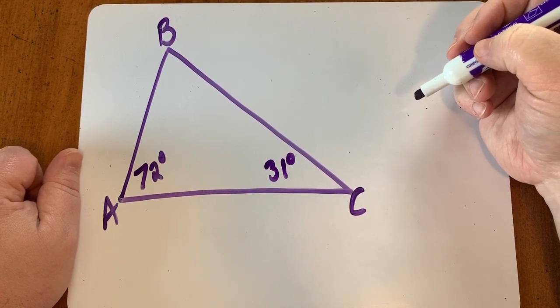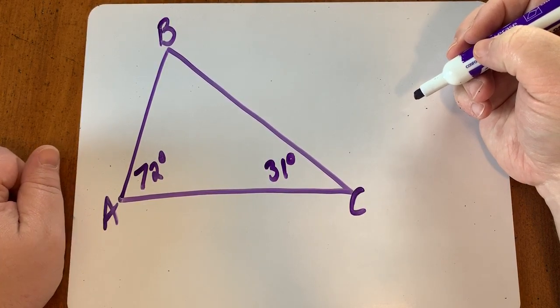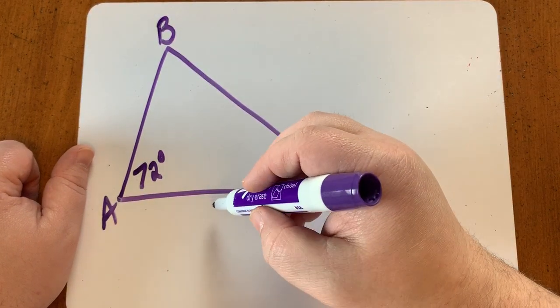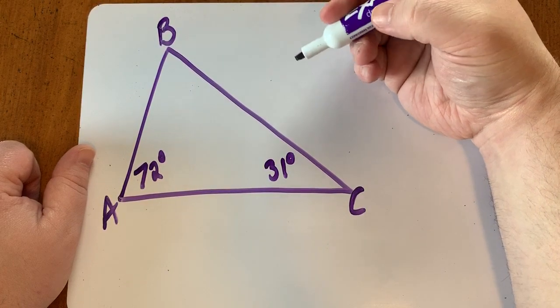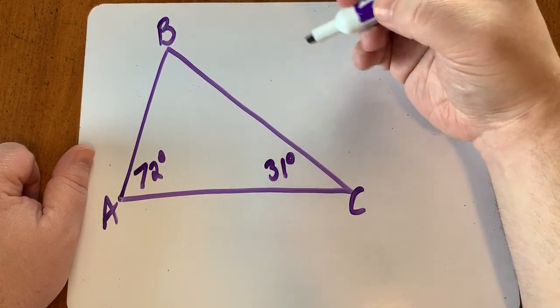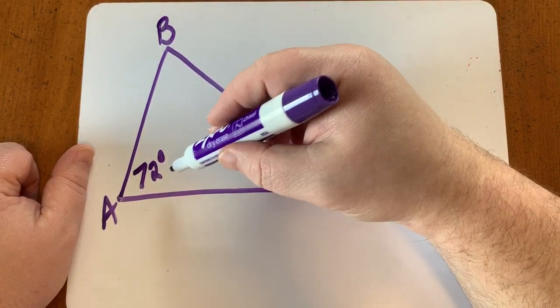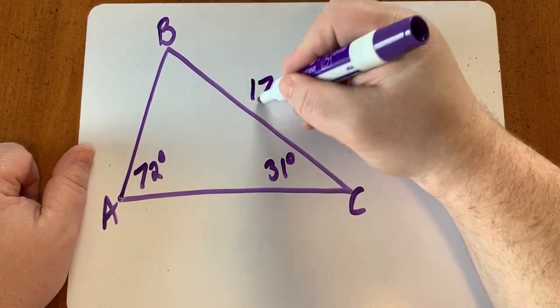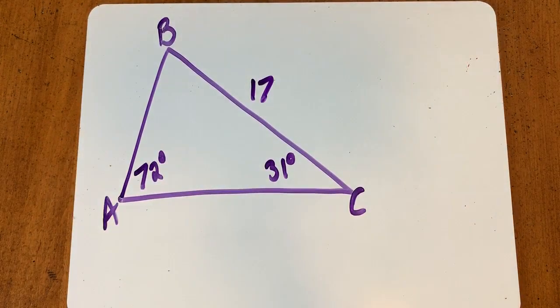And let's say we have a side between these two angles. Actually, let's do not between first. So, excuse me, let's just say that BC is 17. Just all arbitrary values.